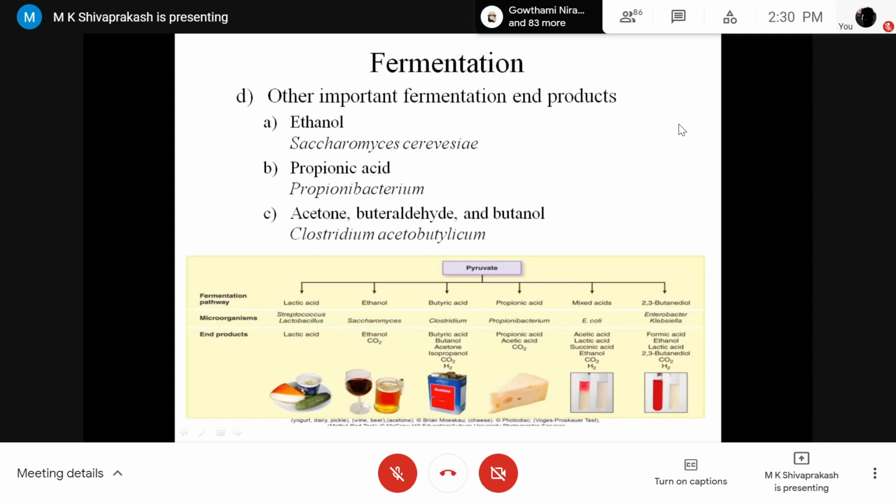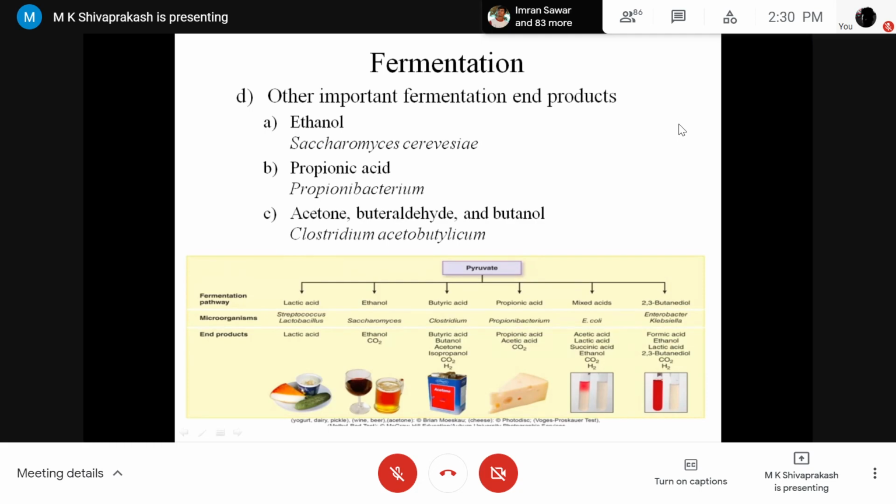Then, of course, the importance of fermentation as a metabolic type. It has many economic importances, like being made use of in large scale ethanol production.